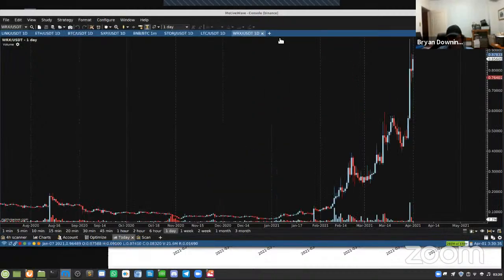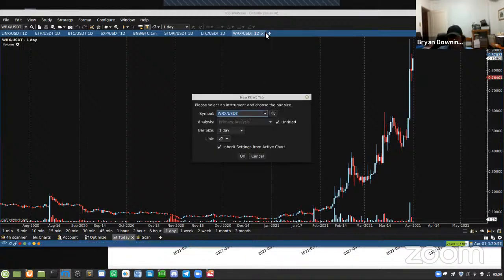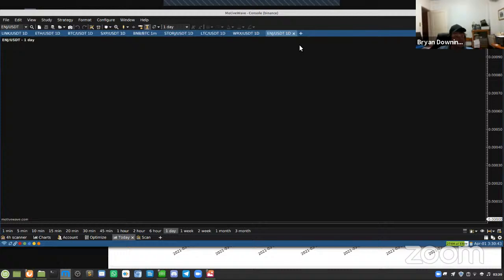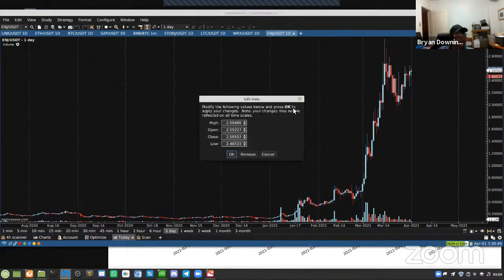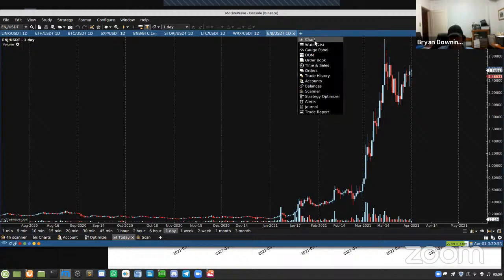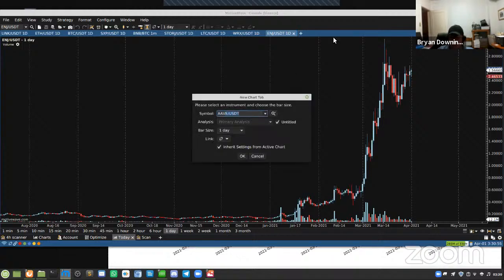ENJ, I'm sorry. ENJ. That has done weak moving, but 62%, 8 positions. And I'm going to do yesterday as well using this technique.